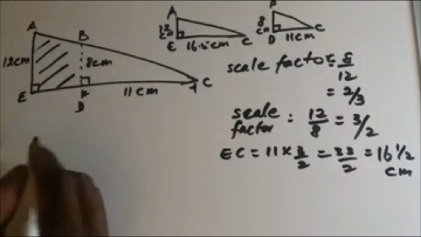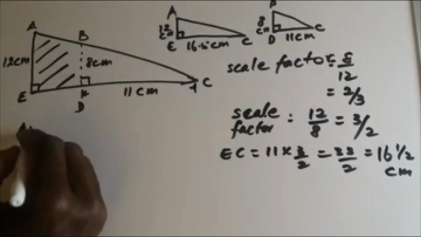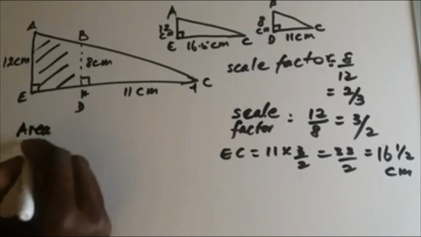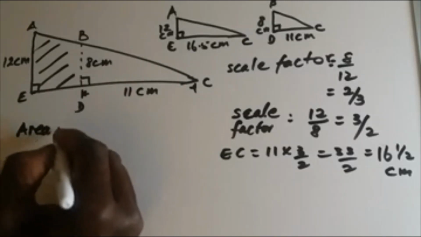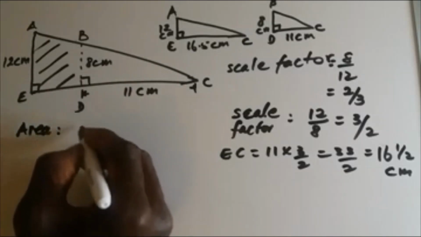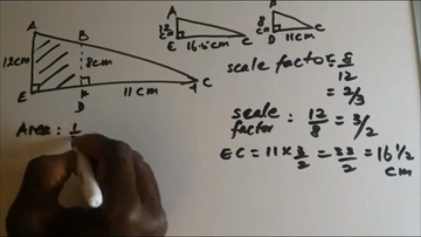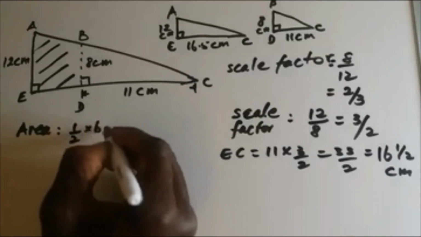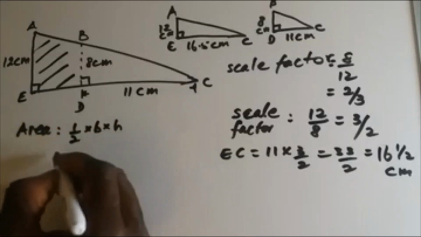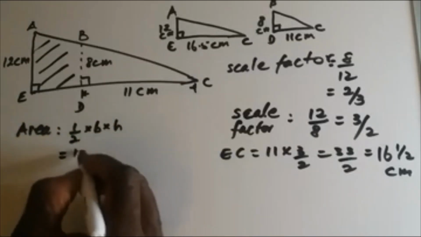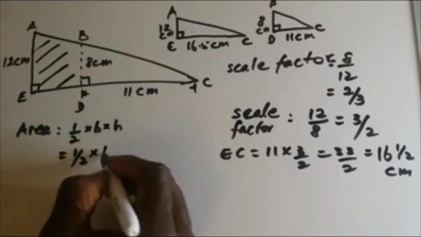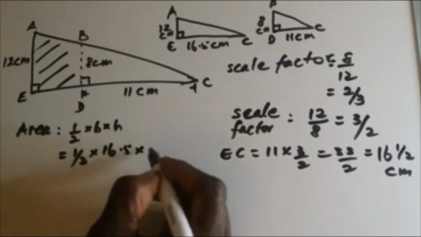So for the larger triangle, area is half base times the height, is equal to a half of 16.5 times 12.